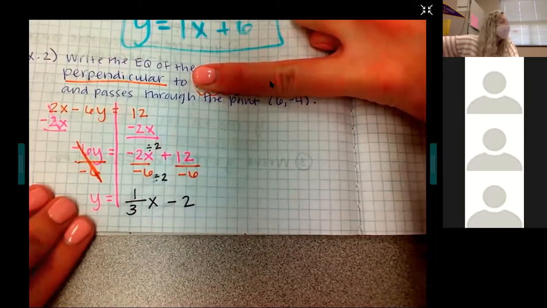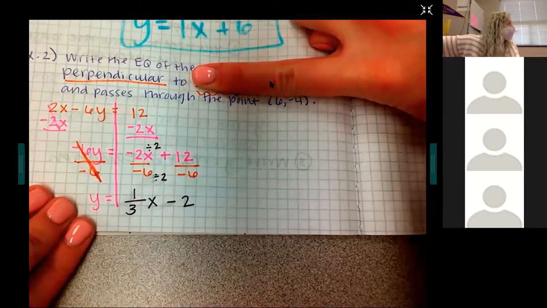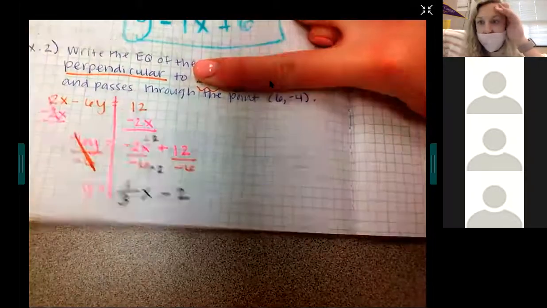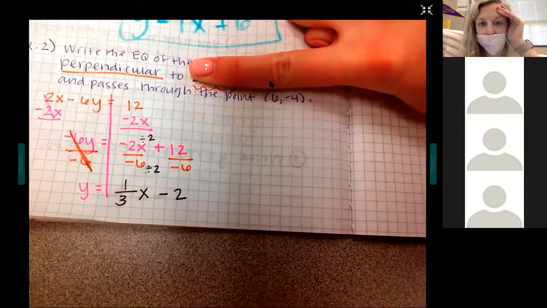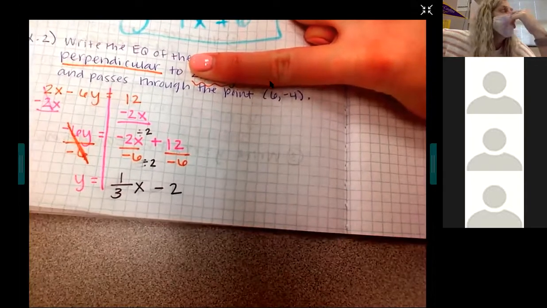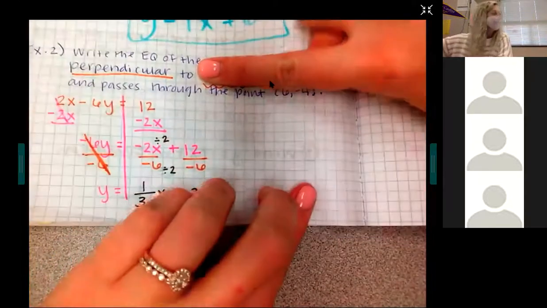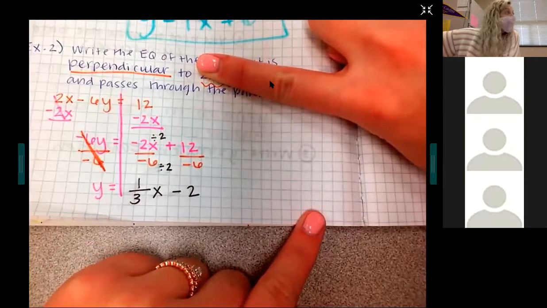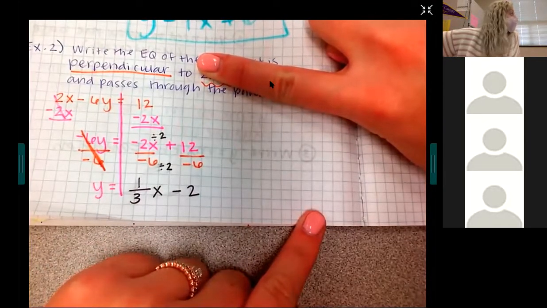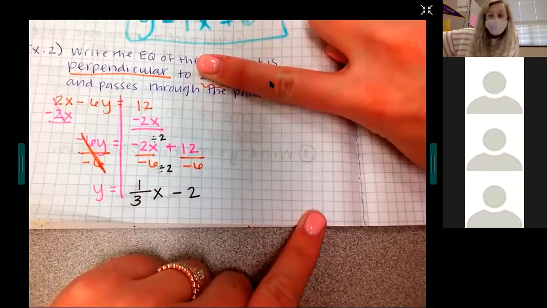What's the slope I want to use for this equation I'm going to write? I heard 1/3. Do y'all agree or disagree? So people in class, I heard y'all say 1/3. Girls online, any objections?